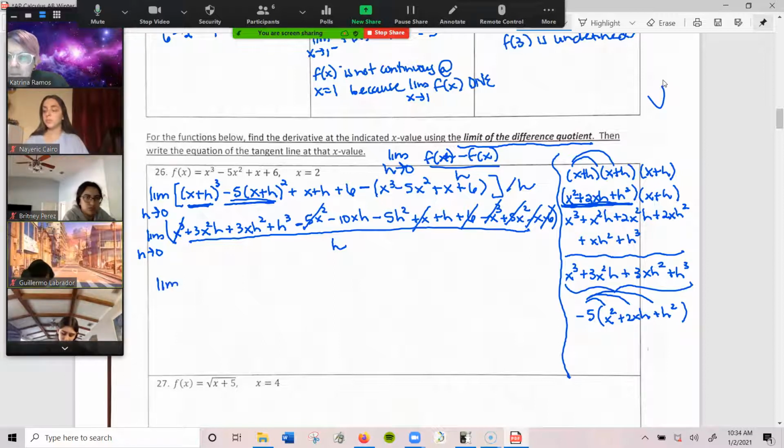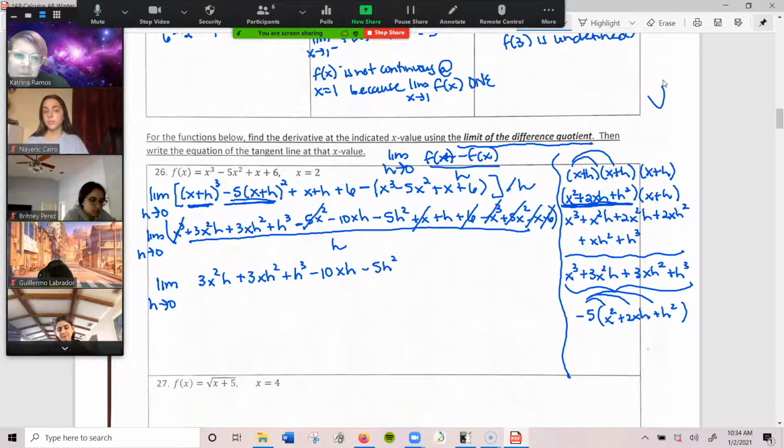So the limit as h is approaching 0 of 3x squared h plus 3xh squared plus h to the third minus 10xh minus 5h squared. And then we have this plus h here as well.